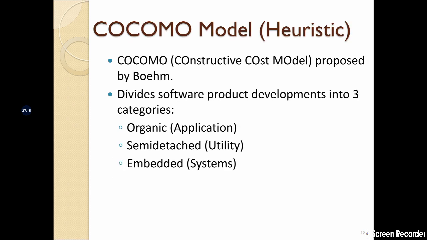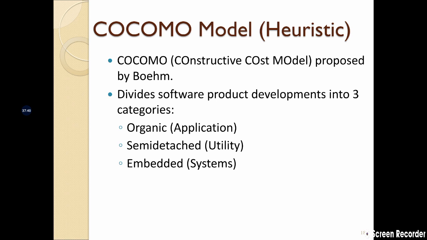Now we have the heuristic model, where you have come across the term COCOMO. COCOMO is an abbreviation for constructive cost model. It was proposed by Boehm. In this case, we use a mathematical formula to find out the effort and the cost.